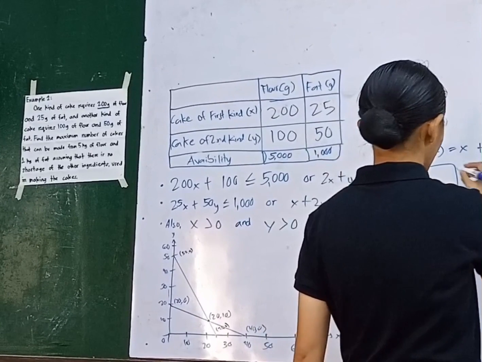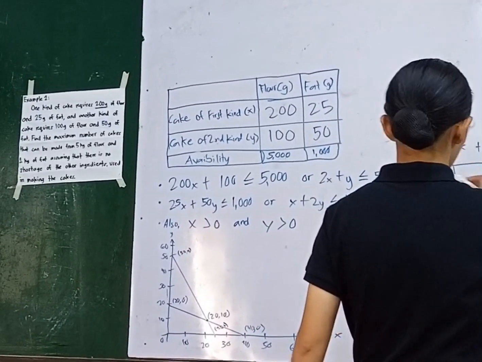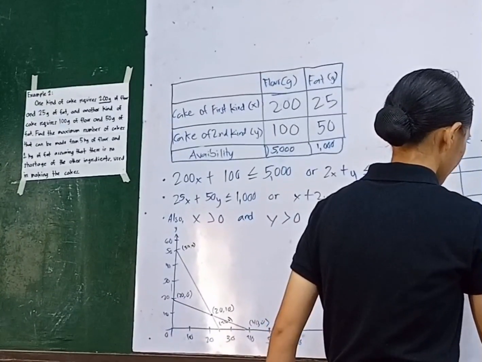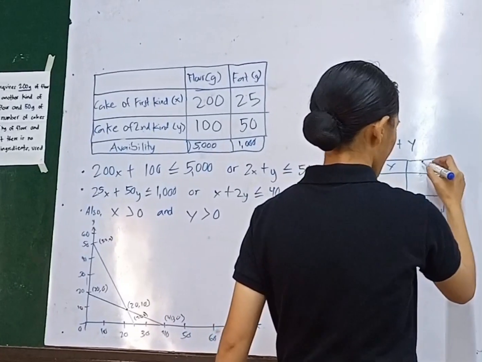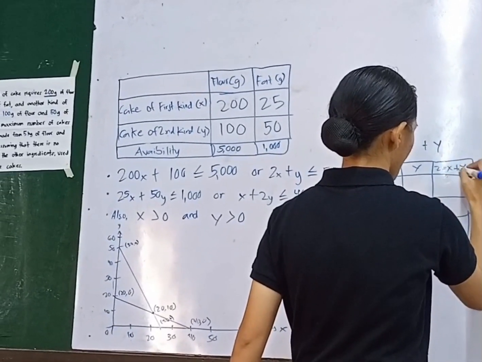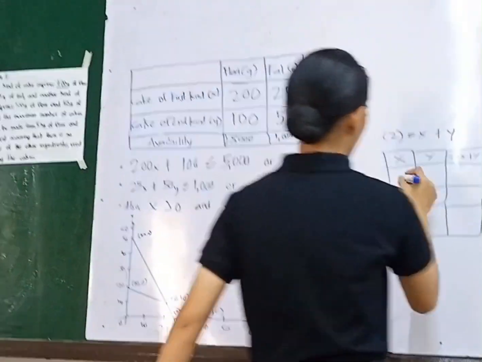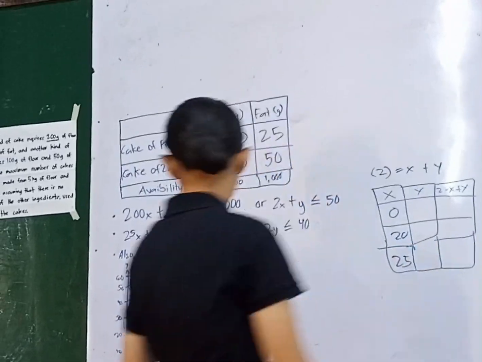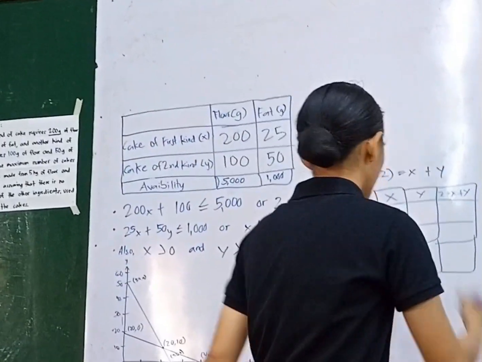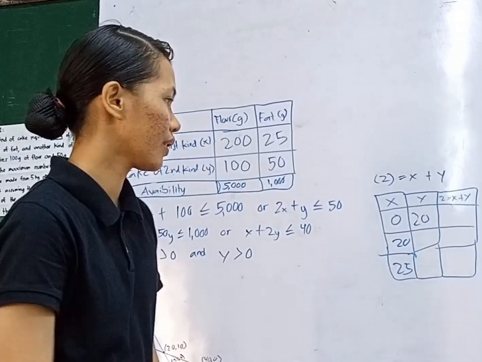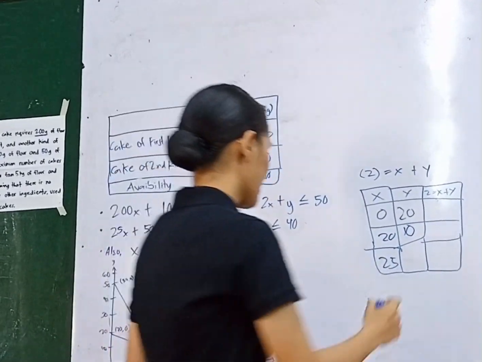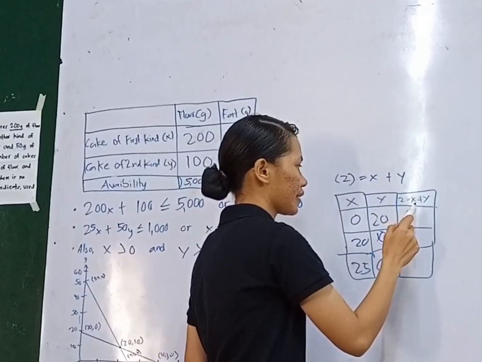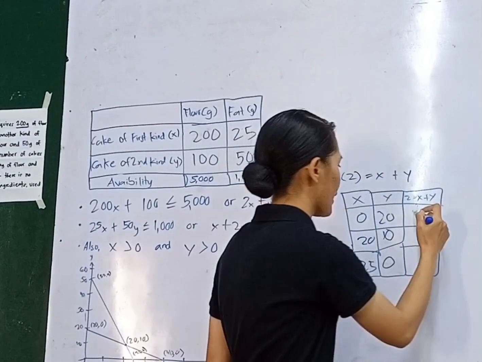We draw a table with x, y, and z equals x plus y. So the x values are 0, 20, and 25. And then the y values are 20, 10, and 0.